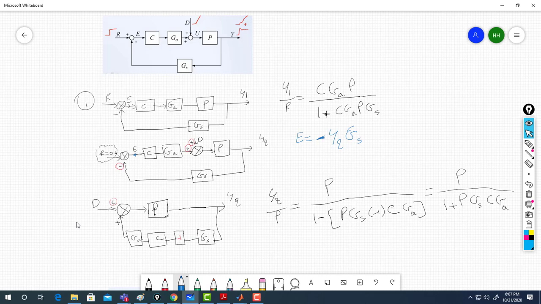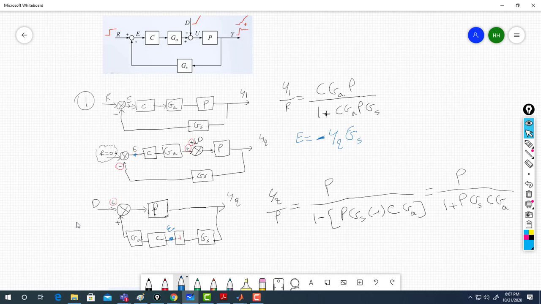My pen needs to change. So that's E. E equals minus Y2GS. You all agree? If you all agree, here is my E. You get it? Just a little more reflection.